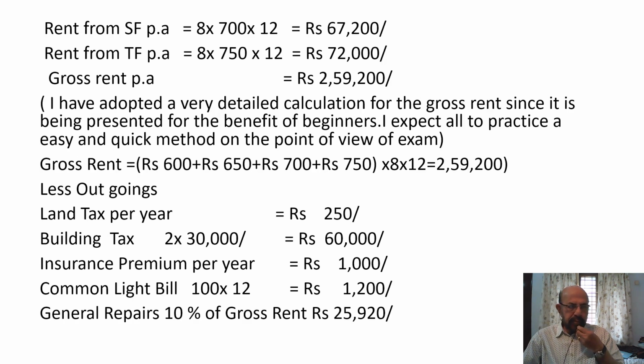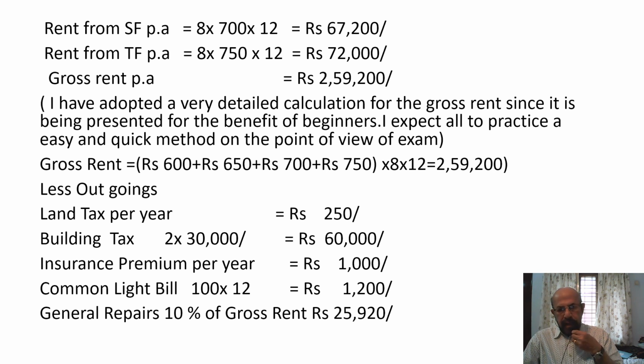Rent for second floor per annum: 8 flats into 700 into 12 is equal to rupees 67,200. Rent from third floor per annum is equal to 8 into 750 into 12, which is equal to 72,000. So gross rent per annum is equal to rupees 2,59,200.